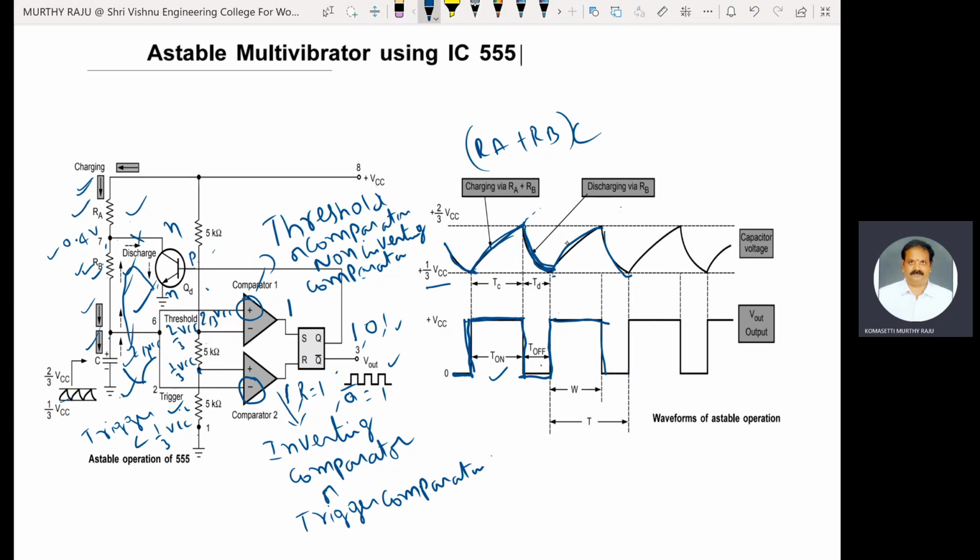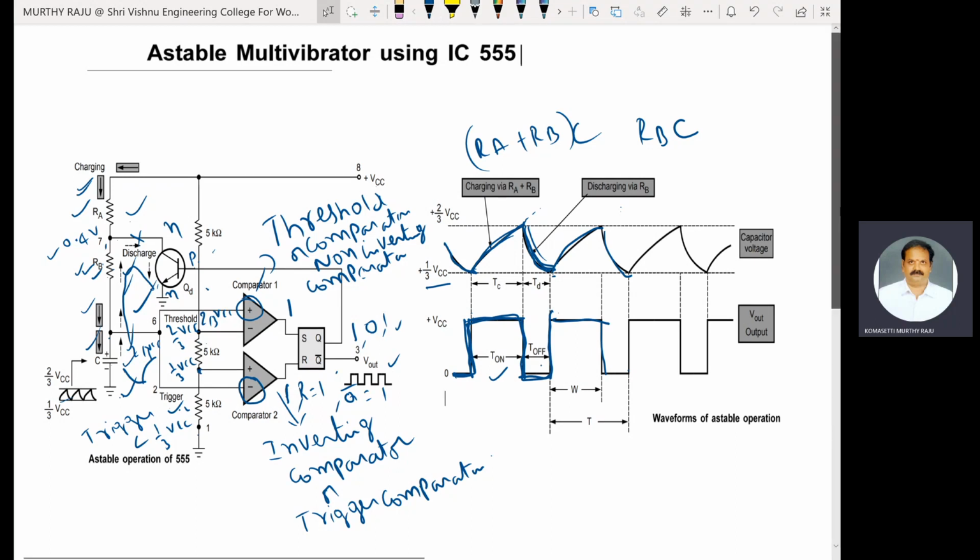Therefore, the discharging time constant is RB into C. Due to these variations in charging and discharging time constants, a symmetrical rectangular wave is not generated; an asymmetrical rectangular wave is generated.